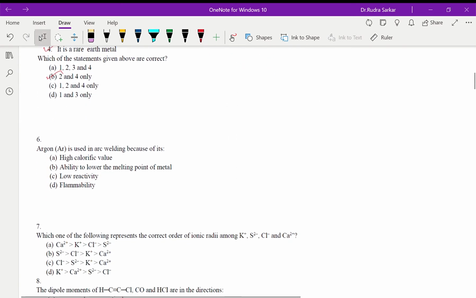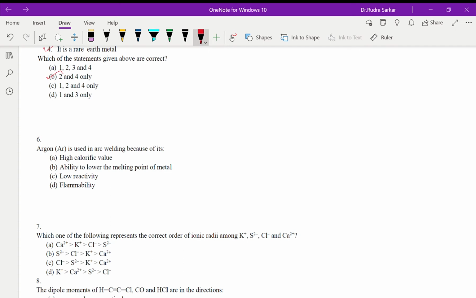Next is argon is used in arc welding because of its high calorific value, ability to lower the melting point of the metal, low reactivity, flammability. It is not flammable gas, neither it has a high calorific value because it is not going to burn by itself.